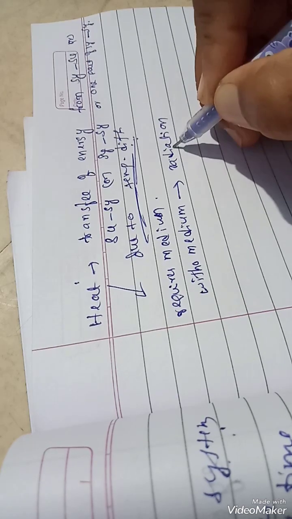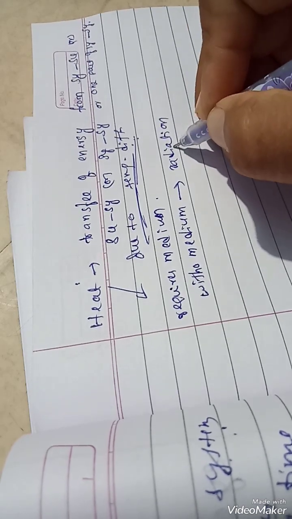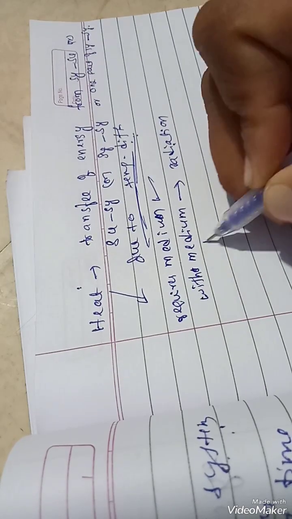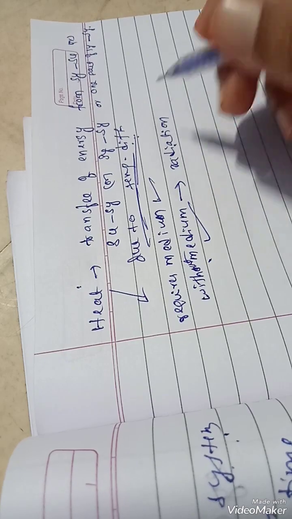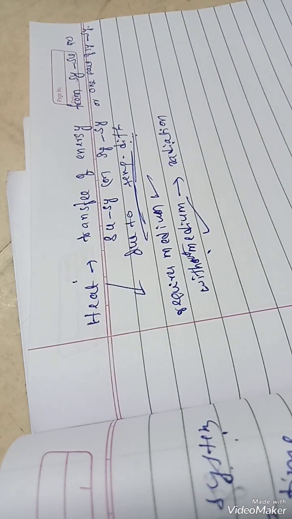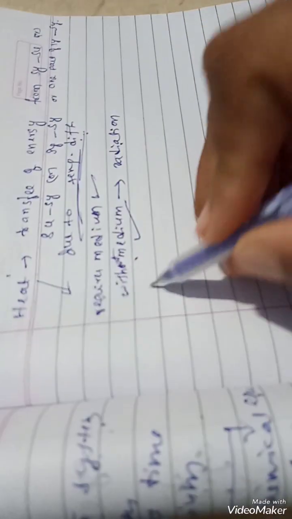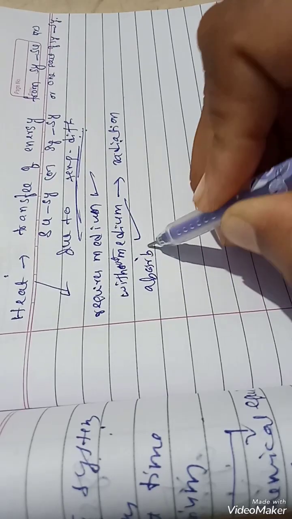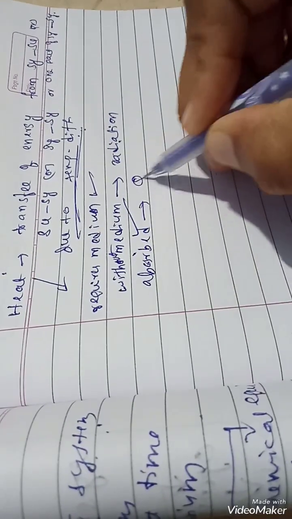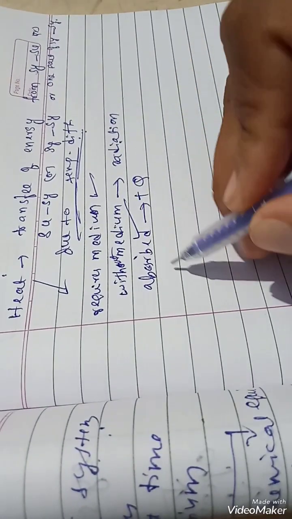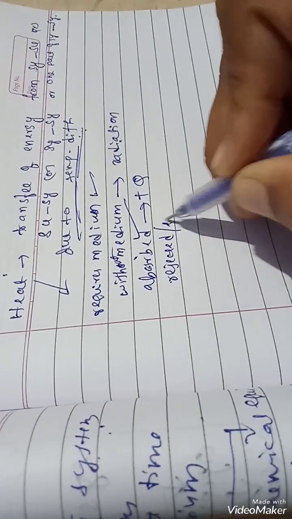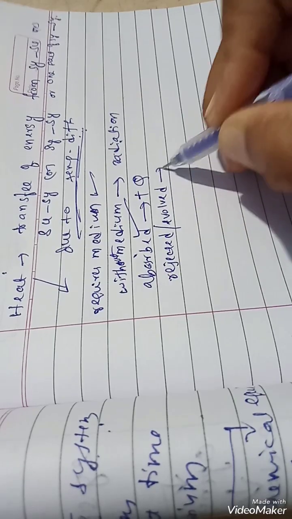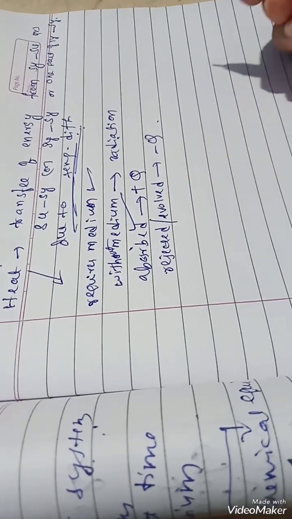This is also the transfer of heat only, but if it takes place with or without a medium, we call it radiation. Now if heat is absorbed in the system, we take that heat with a positive sign. If heat is rejected or evolved, we take it with a negative sign.